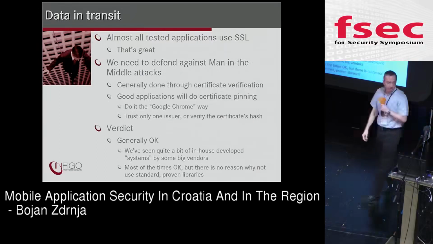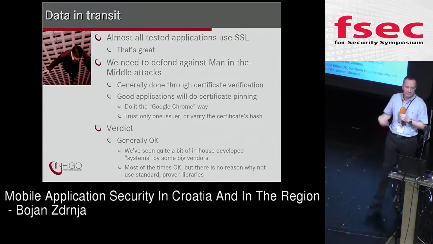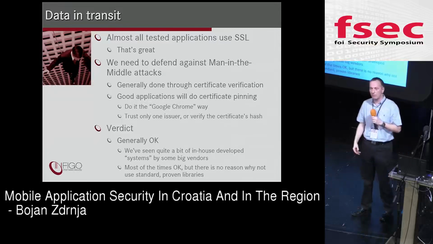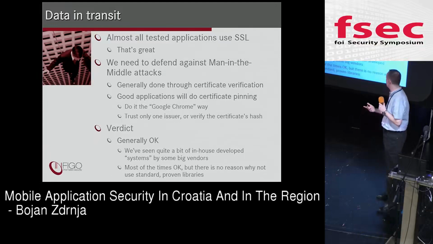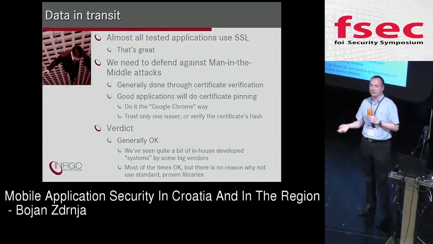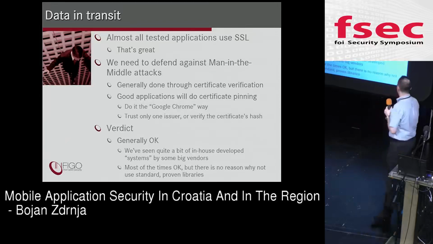Okay, so just for the last couple of slides, data in transit. Again, as I said, almost all tested applications use SSL, which is really good. One of the recommendations here is normally to do some kind of certificate pinning. We started seeing that developers started using certificate pinning. There are some, let's say, weird implementations by some of the vendors which are present here as well, so I must not name them.